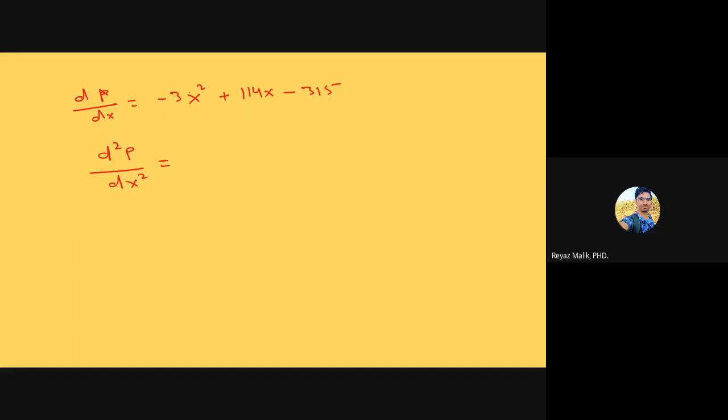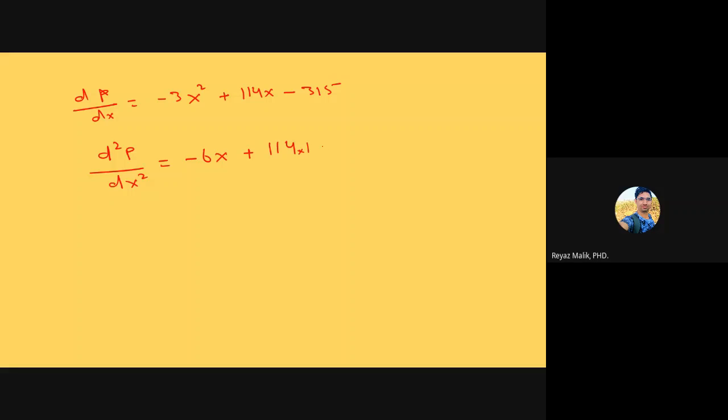Then we have to differentiate this again. 3 twos are 6, and it will be minus 6x raised to power 1, which we don't need to write. Plus, there is only one power left, so x will become 1, and what will be left is 114 into 1.